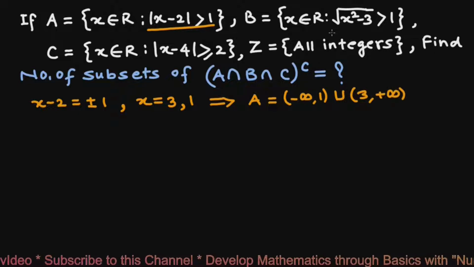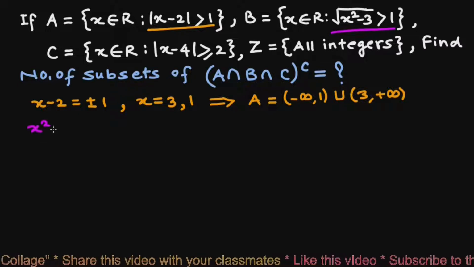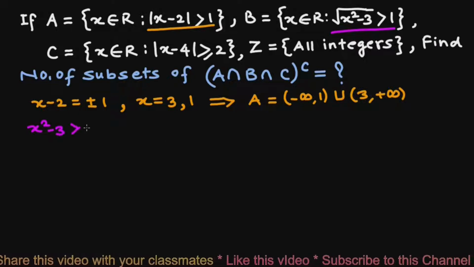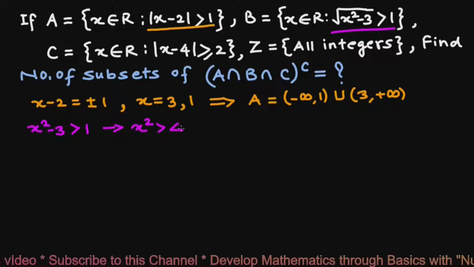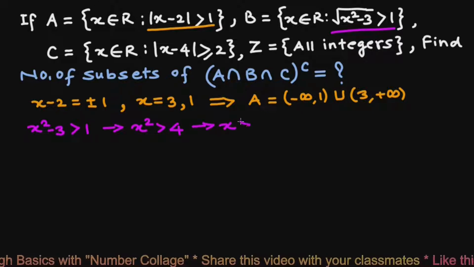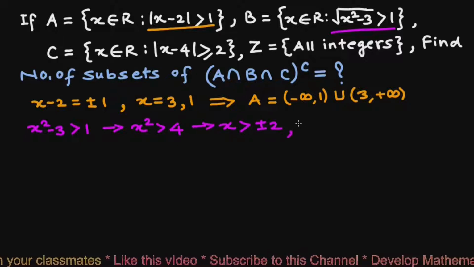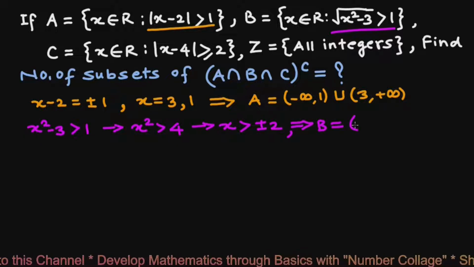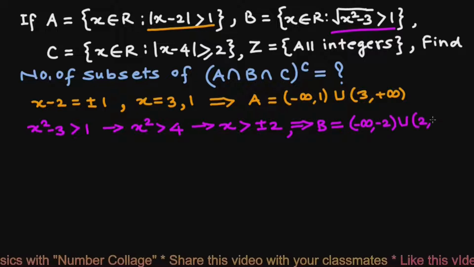Next, square root of x squared minus 3 greater than 1. Squaring, x squared minus 3 greater than 1, that will be x squared greater than 4, which means x greater than 2 or less than minus 2. So that gives B equals the union of minus infinity to minus 2 and 2 to plus infinity.